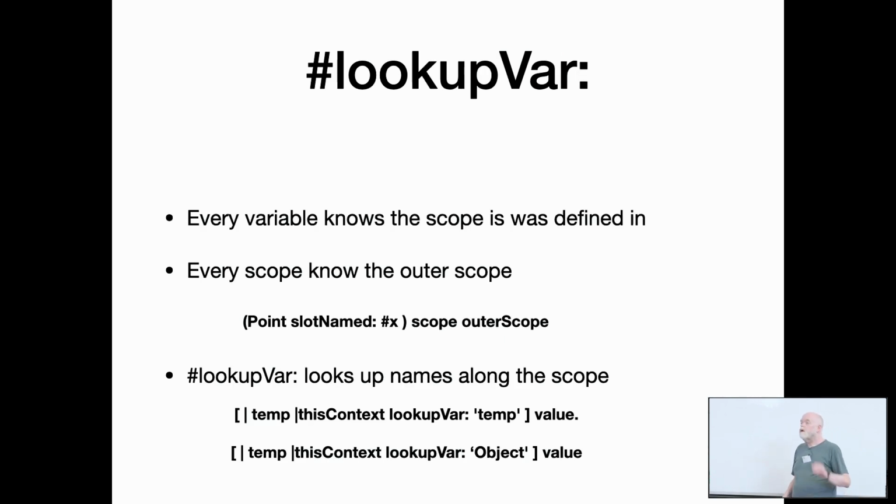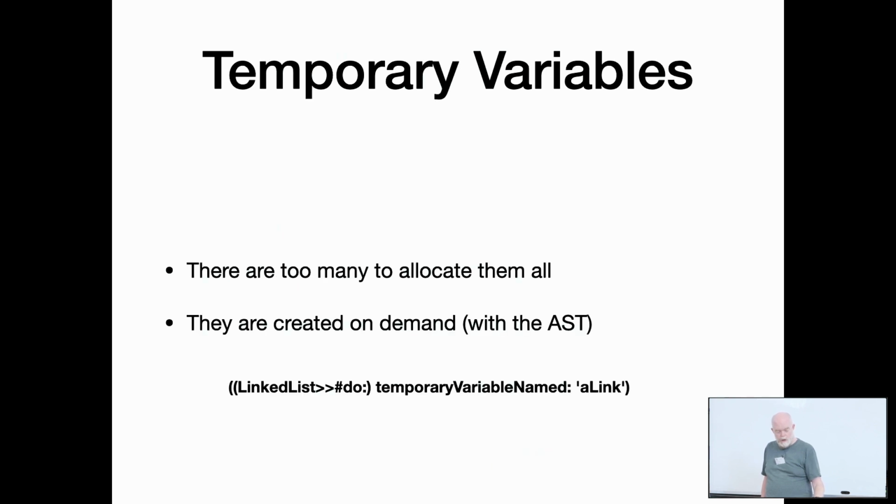Marcus: Yes, so with temporaries, you need to bind the temporary variable meta object to a scope. The AST itself, the name analysis of the AST, will create a scope for the method itself and for every block.